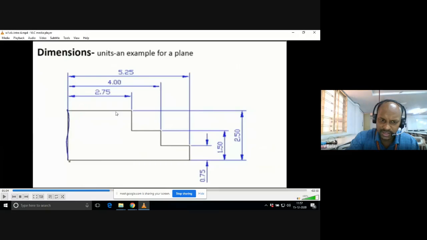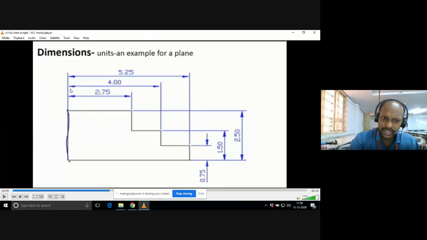To mention the length of this particular top face, you need to draw one line, put two triangular arrow marks like this, and maintain a 1 centimeter gap from the object to the dimension line. And thereafter, if you want to mention the value up to this length, it is 4 units. Again, you have to draw one extension line like this, from where to where you need to take that value.